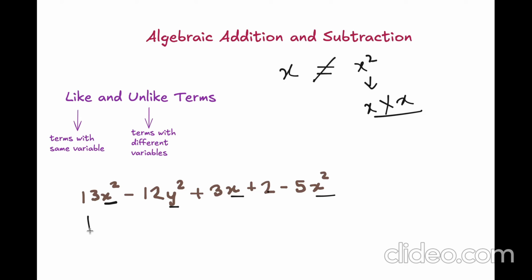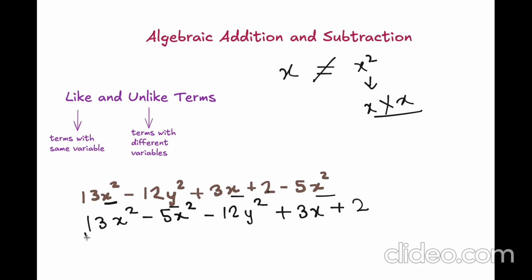So let's write the terms together. 13x squared and negative 5x squared. They're together because they're like terms, so it's easier for us. Minus 12y squared. Y squared has no other like terms. Plus 3x, which has no other like terms. Plus 2.